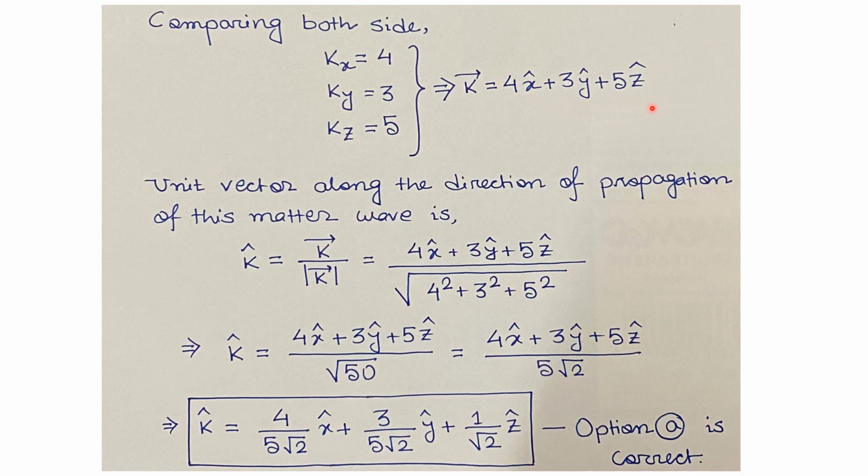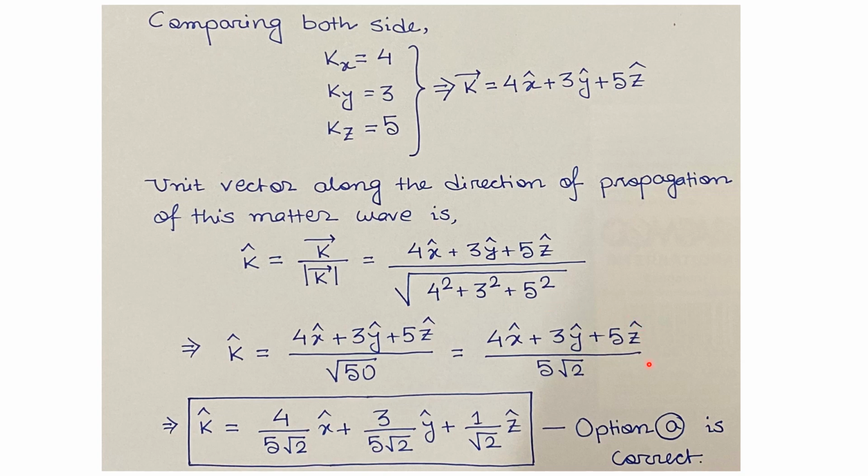Now in order to find a unit vector along this propagation vector, we will take the magnitude of this k vector, then we will calculate the k vector divided by its magnitude, which will basically give 4 x cap plus 3 y cap plus 5 z cap divided by root over 4 square plus 3 square plus 5 square.